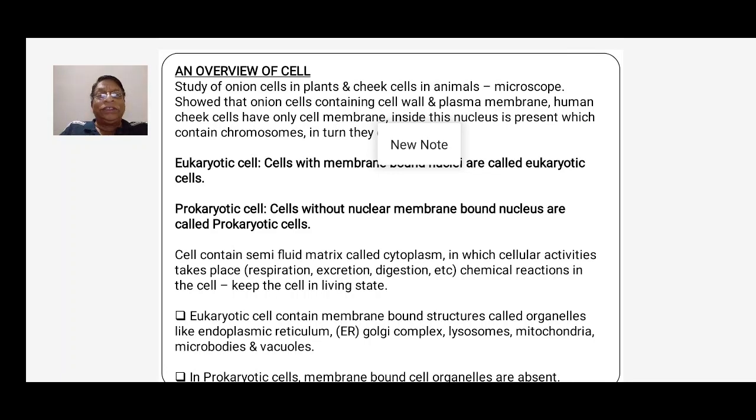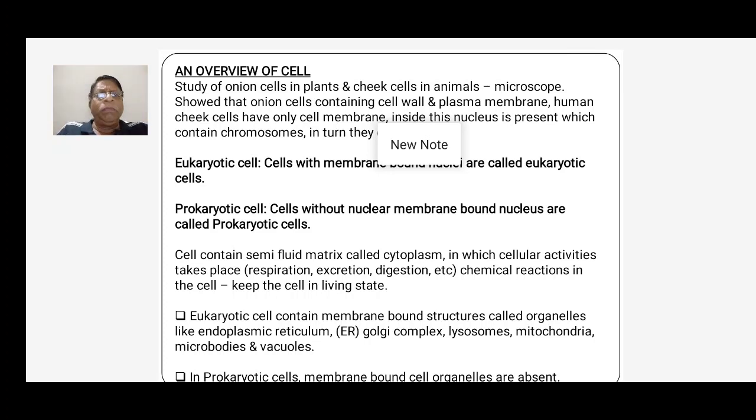These cells contain the outermost boundary, the cell wall. Next to the cell wall, one more layer is present called the plasma membrane.